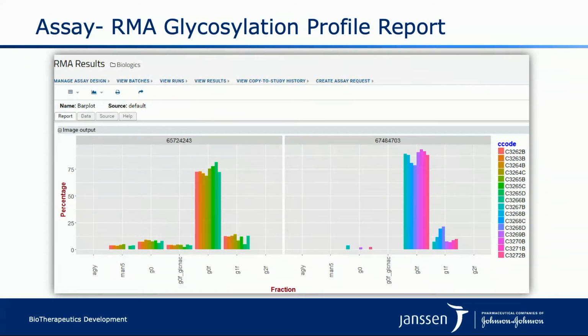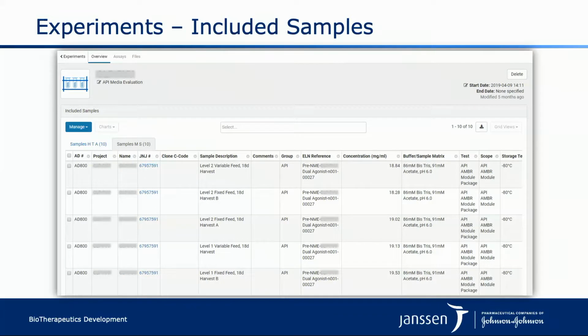That becomes doable after we have the LabKey system. It used to take a lot of time gathering the information and putting it together, which LabKey helps us make easier.